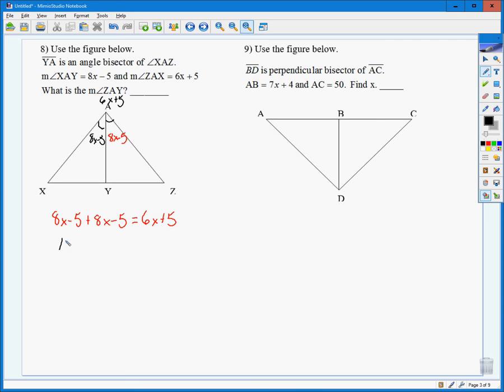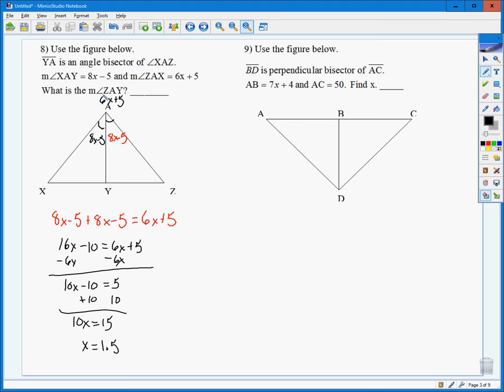Combine like terms, 16x minus 10 equals 6x plus 5. Subtracting 6x, I now have 10x minus 10 is equal to 5. Adding 10, 10x is equal to 15, so x is equal to 1.5.